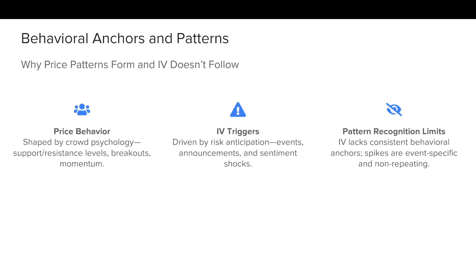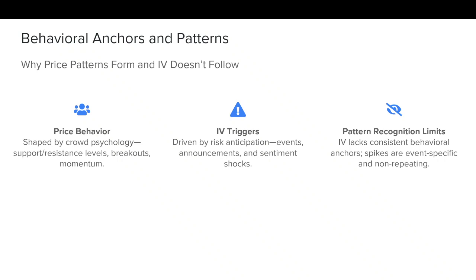Now, price behavior often forms recognizable patterns due to the collective behavior of market participants, right? Trader psychology contributes to phenomena like support and resistance, breakout formation, and momentum continuation. These recurring behavioral patterns make technical indicators useful on price charts. Implied volatility, however, is not a product of such crowd-driven interaction.